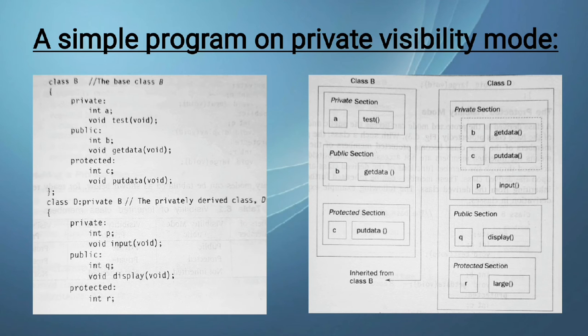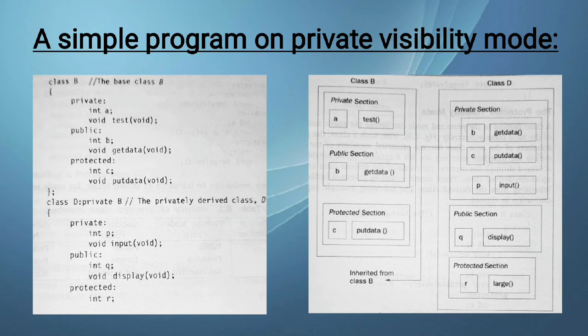Okay, so the colon signifies that the derived class D is inherited from the class B. Here you can see that the base class B has been derived as private, right?